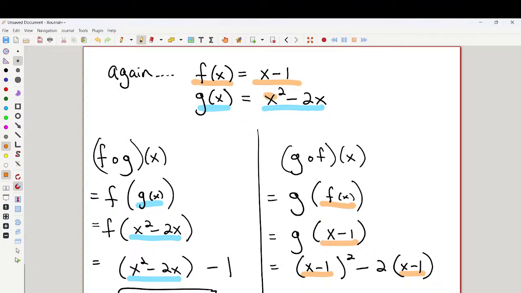Maybe I can do something like that. That became that, and this became that on that side over there. And then just clean it up. So no one's going to get this wrong because you're going to get minus 2x plus 2.